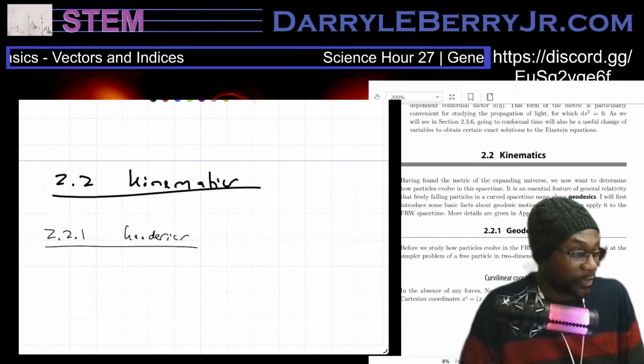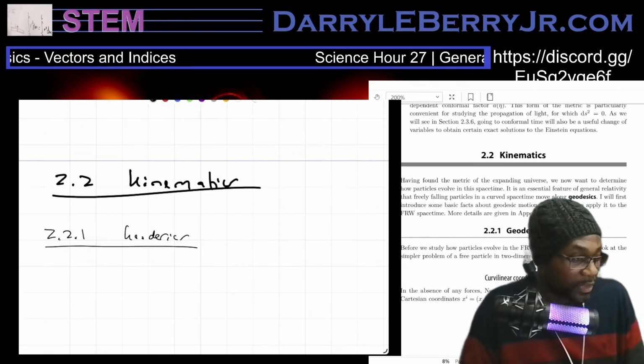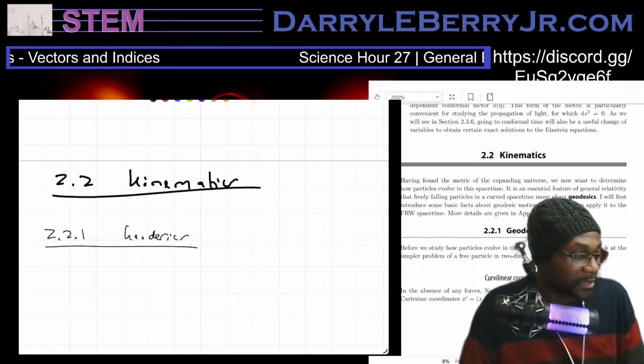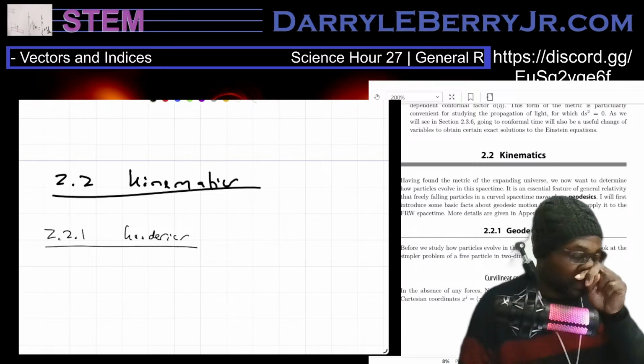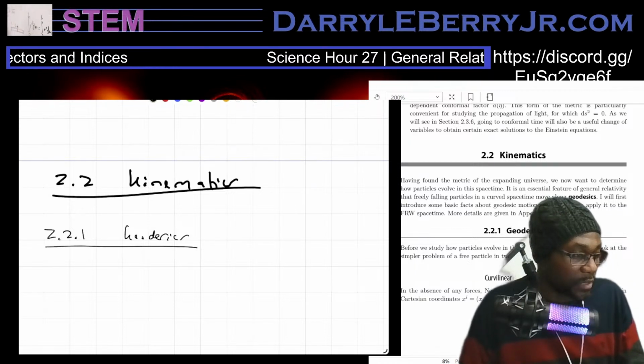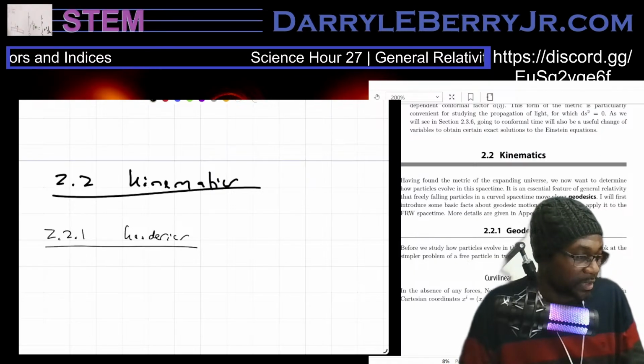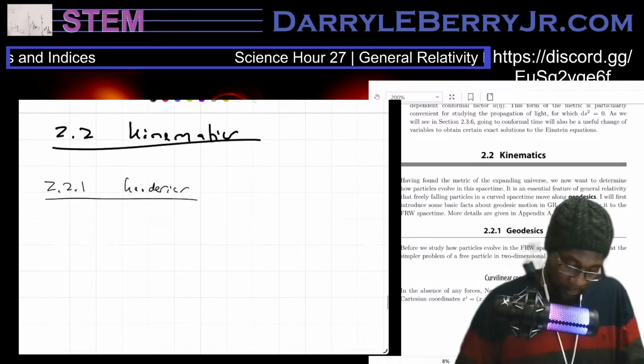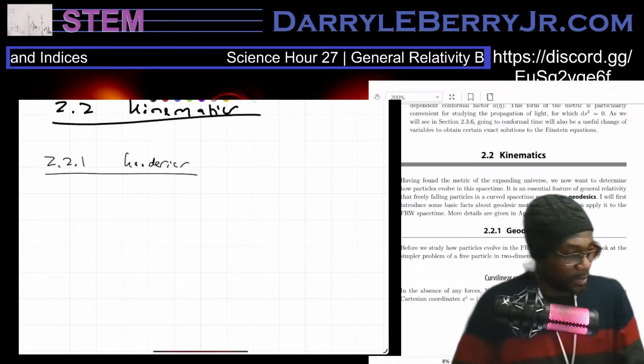Before we study how particles evolve in a FRW spacetime, let us first look at the simpler problem of a few particles in two-dimensional Euclidean space, in curvilinear coordinates. In the absence of any forces, Newton's law simply reads acceleration is zero, which in Cartesian coordinates x^i equals (x, y) becomes x double dot equals 0.